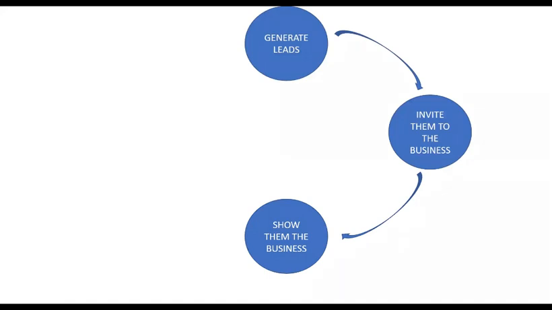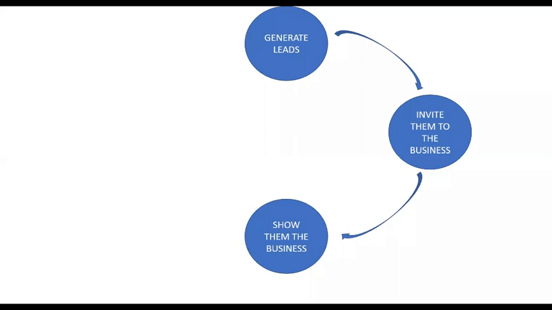Now you can see I am not using the normal phrases you are familiar with, prospecting, invitation. I'm just using normal words you can really tag along with easily. So when you generate a lead, you invite the lead consciously into a presentation and then show them the business.